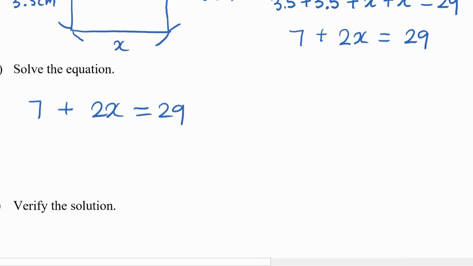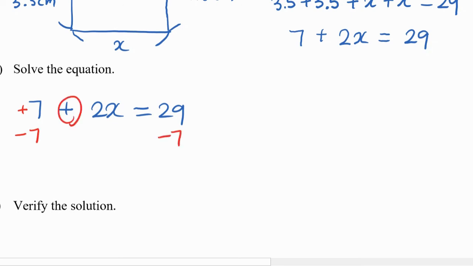Okay, everyone, remember when you don't have any sign in front of a number, addition is always hiding, right? So you have a hidden positive sign here. What you're going to do is you're going to get rid of this by subtracting 7.